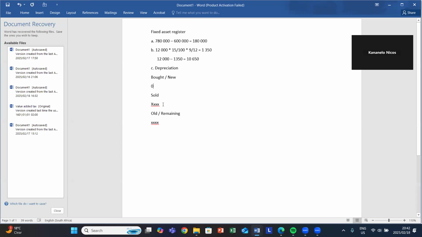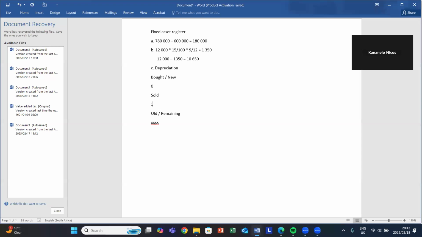And then we go to the second thing. The second thing is calculating your depreciation for sold. I think we have already calculated it. Remember that we're using the diminishing balance method, meaning the carrying value method.